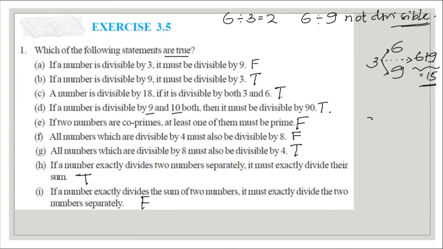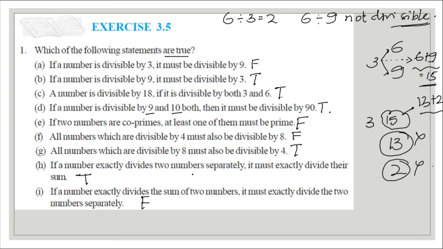Suppose if I consider 3 dividing 15, which is the sum of 13 and 2, 3 need not divide 13, 3 need not divide 2. It doesn't divide actually. 13 is not divisible by 3, 2 is also not divisible by 3. This statement is false.